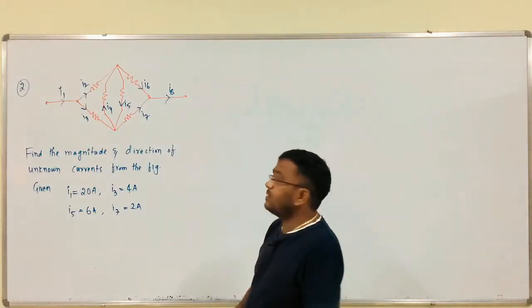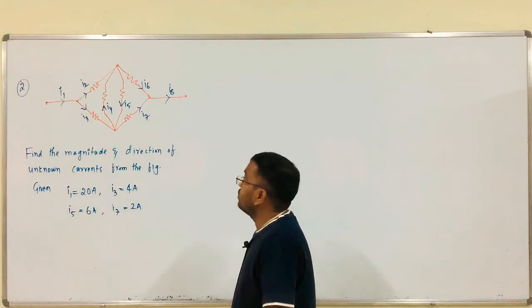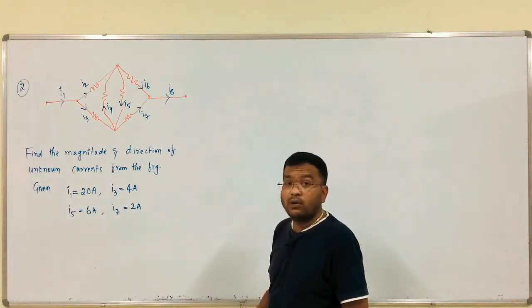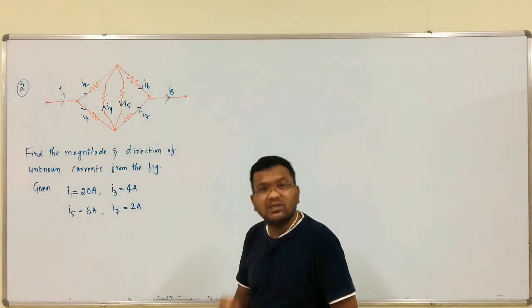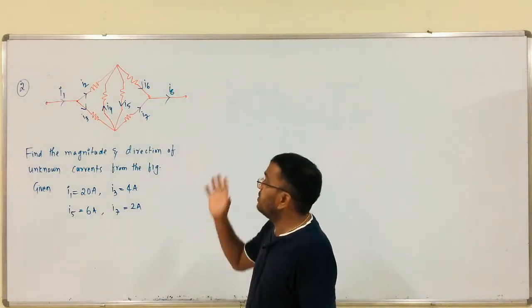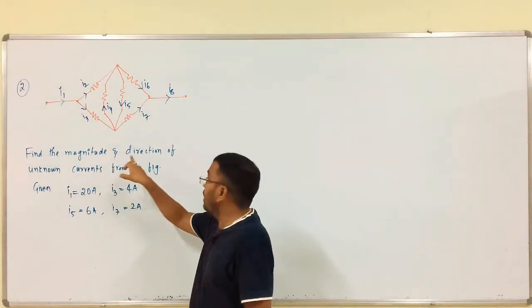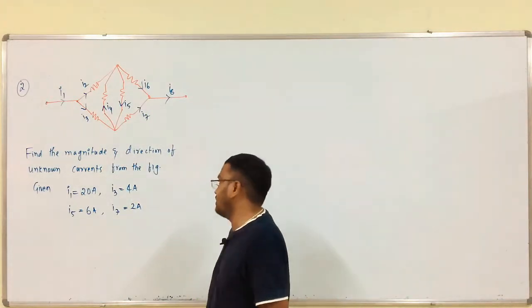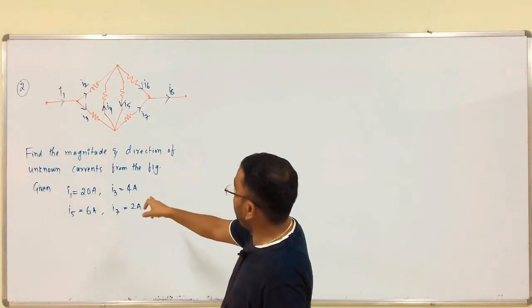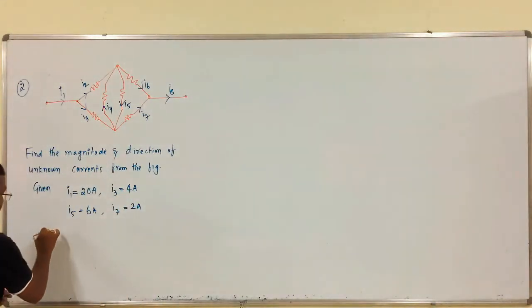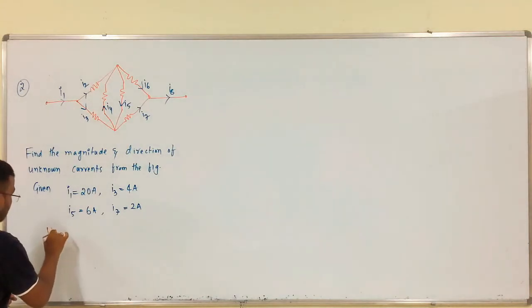Next we have to discuss the second problem. This is a very important problem. From this problem we have to conclude some important observations. From this given circuit we have to calculate the magnitude as well as the direction of the unknown currents. The given currents are I1, I3, I5, I7. So first we have to write the unknown currents.